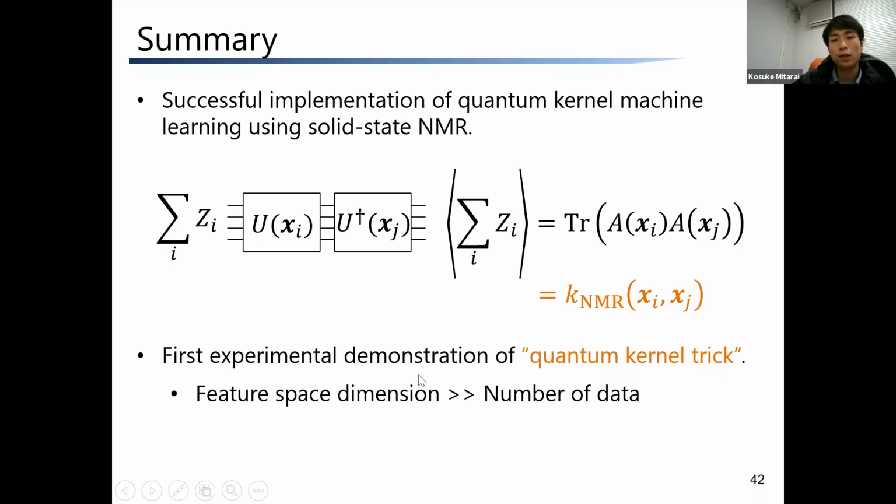Our work has used like 25 spins in the dynamics, so the feature space dimension is so much larger than the number of data. So this is, I think, the first demonstration of a quantum kernel trick where this kernel method reduces computational cost.